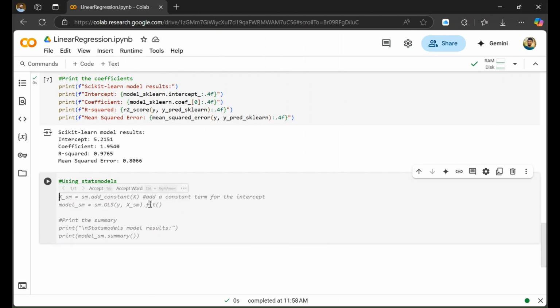So we are adding a constant, and then the model, where OLS is ordinary least squares regression model for the data. And then we are printing the statsmodels results and model summary. Right. So why are we adding a constant here? Statsmodels doesn't add a constant automatically by default, so we are adding a constant.